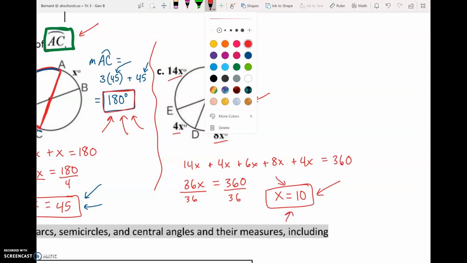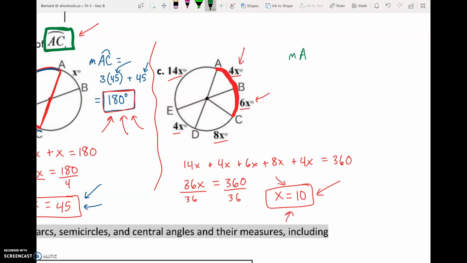And so measure of AC will be what we get when we do 4 times 10 plus 6 times 10. 4 times 10 is 40. 6 times 10 is 60. And so 40 plus 60 is 100. Arc AC equals 100 degrees.